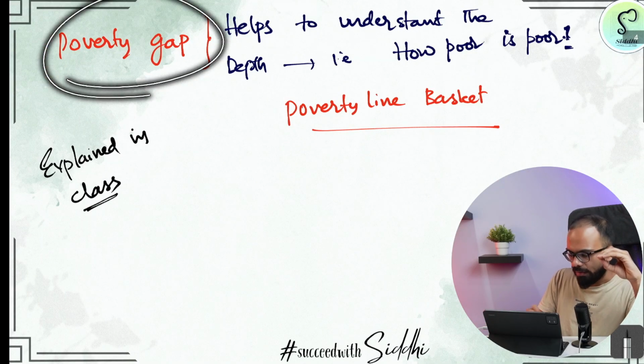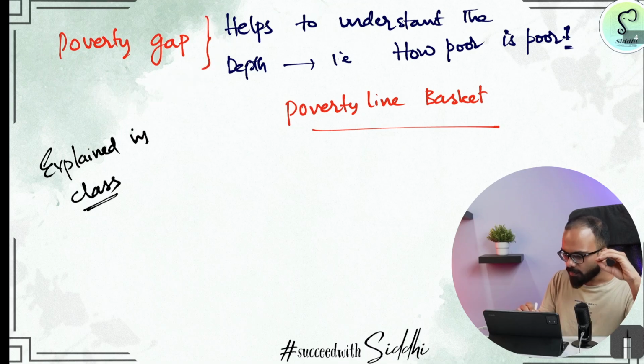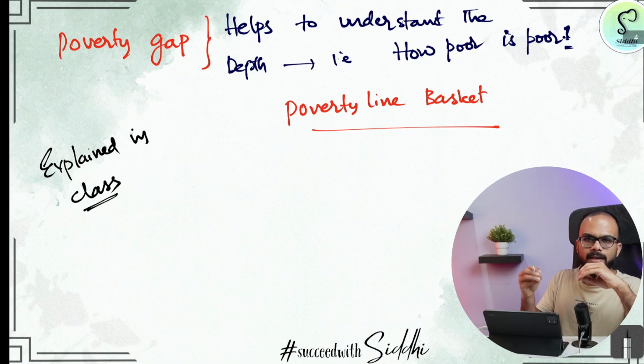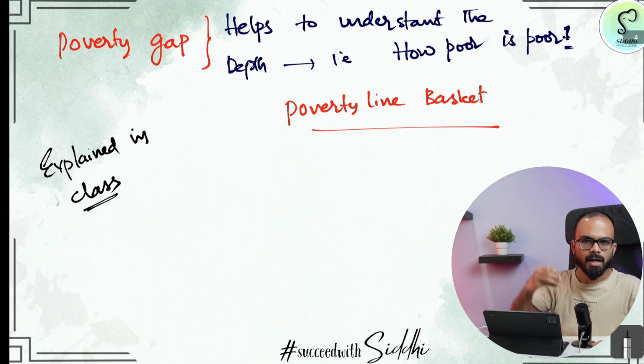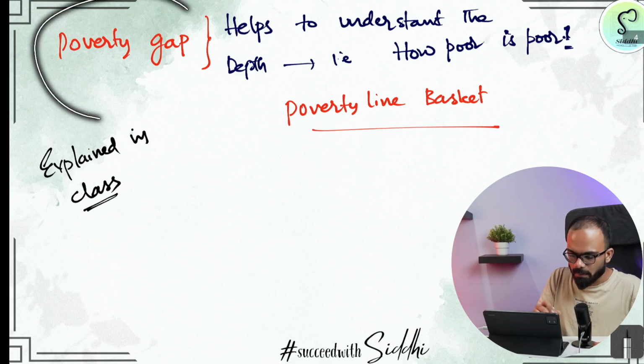Now, there is one word which is known as poverty gap. Poverty gap helps us to understand how poor the poor of a country are. There is a difference between rich and the poor, that is evident, and poverty gap refers to the depth of the poorness. How worse is the scenario, how bad is the poor, that is defined by poverty gap.